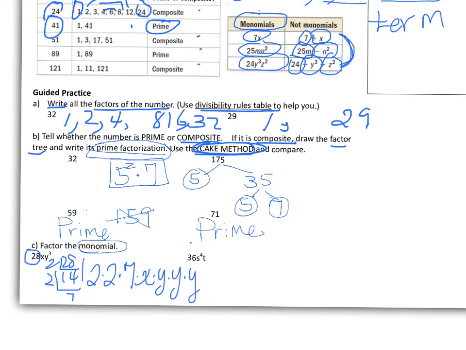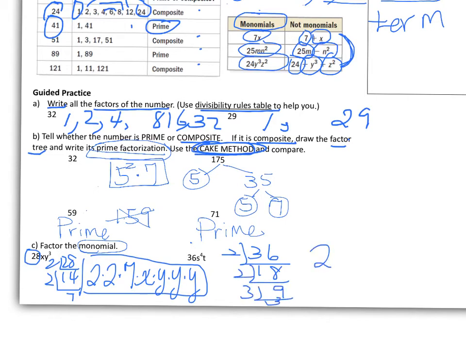And that's your answer. And for 36, 2, 18, 2, 9, 3, 3. You can do this as well. And that's your answer.